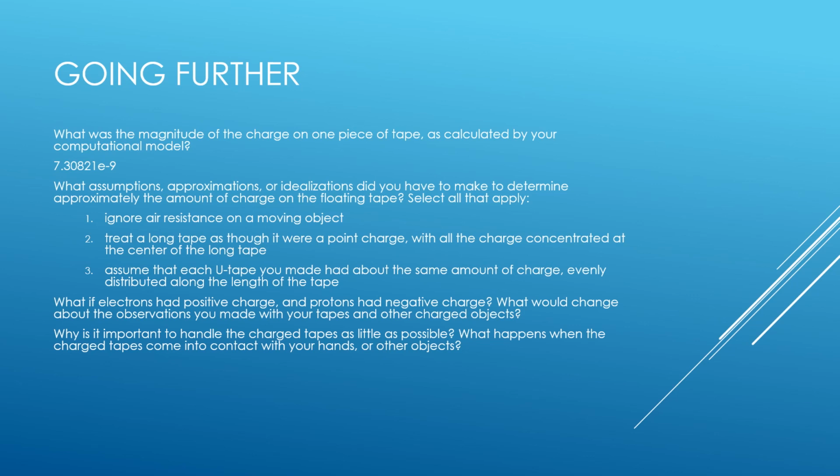And if the electron had a positive charge and the protons had a negative charge, it would have been the same because both would have been flipped, and a neutral object like the book that I used would have had the same interaction with the piece of tape.